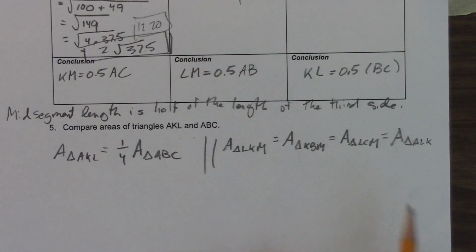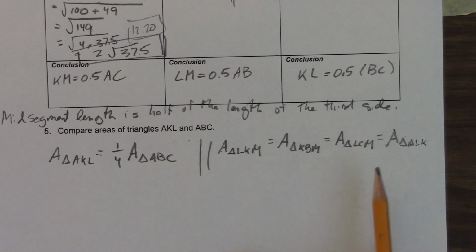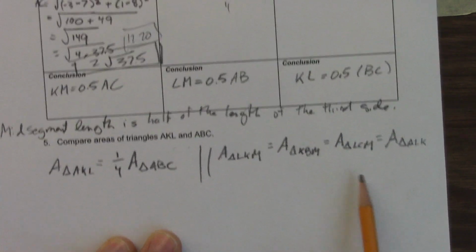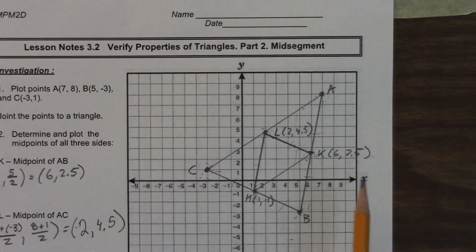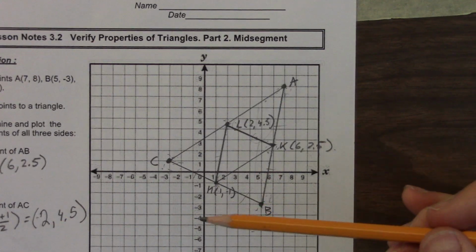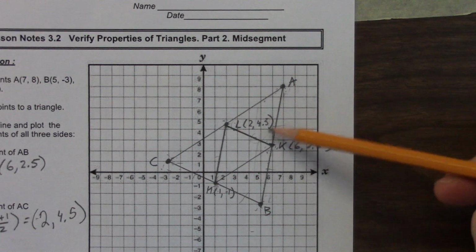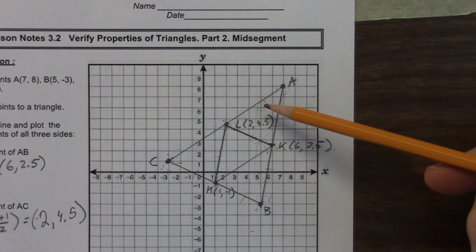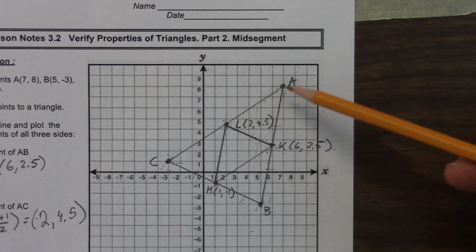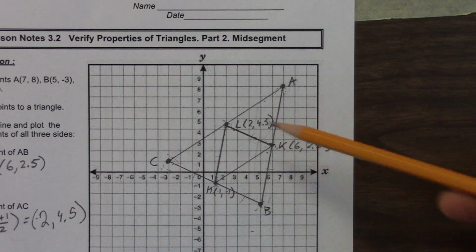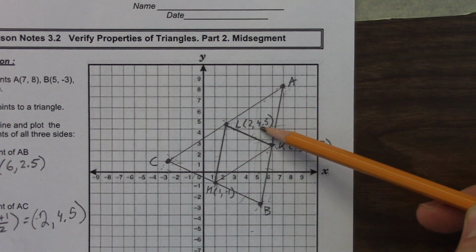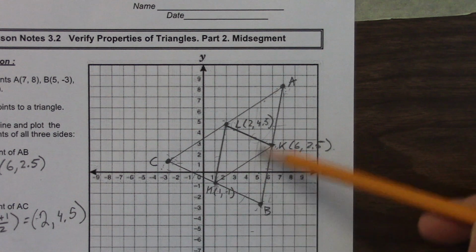That's what you'll conclude if we were to check all the triangles. So let's just go back to the original triangle and talk about this. Okay? So our triangle AKL, this triangle here, is equal to 1/4 of the big triangle ABC. Does that sort of look right? Yeah. This is about 1/4 of this, right?